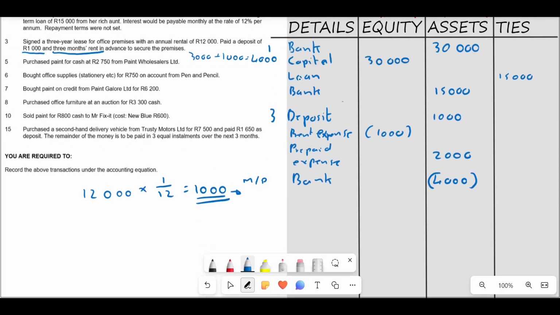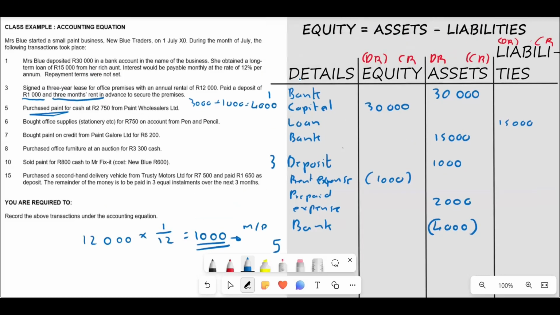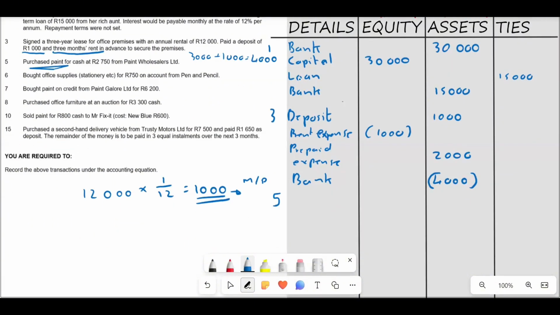Okay, now let's go to the 5th day. Paint. This is a keyword. Purchased paint for cash, right? Paint is inventory in the company, because Miss Blue started a small painting business. So this is inventory for the company and we paid cash.